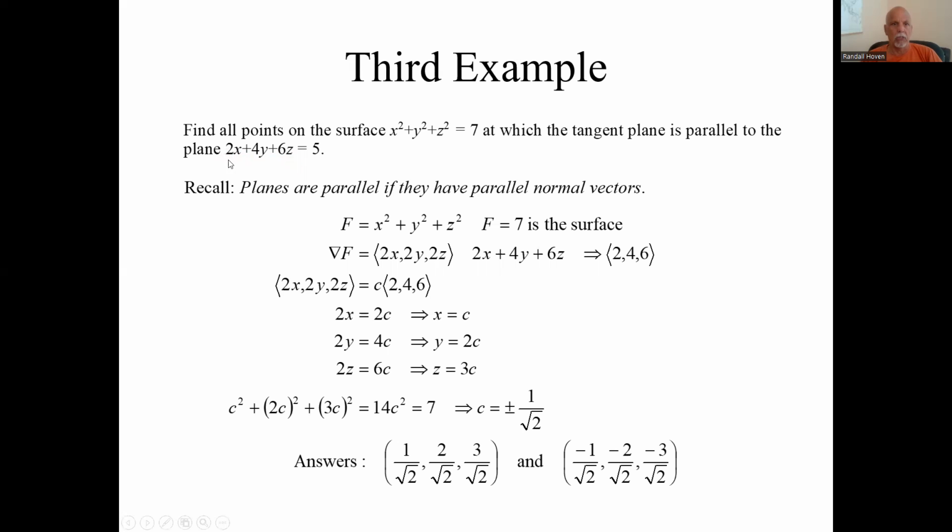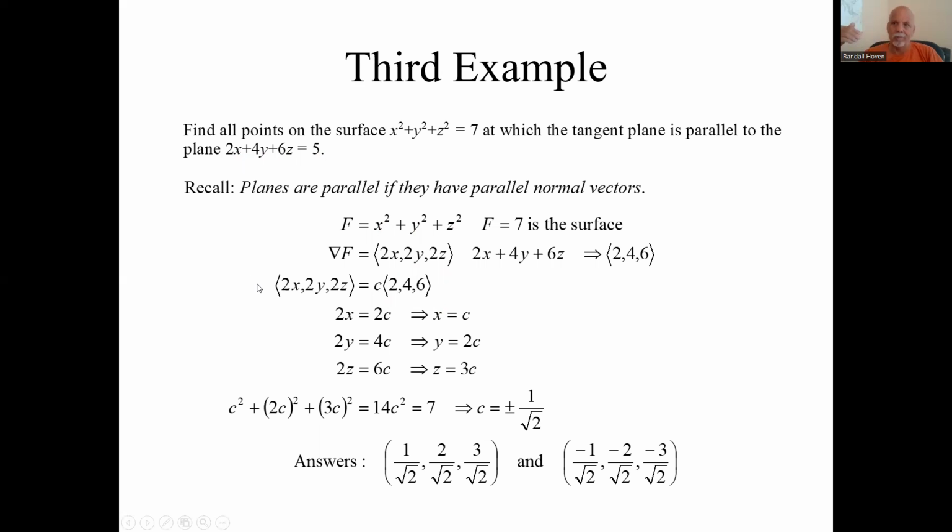This guy's normal vector is 2, 4, 6. For this guy's normal vector, you have to take the gradient. Gradient is going to be 2x, 2y, 2z. It's parallel to this guy's normal vector, a scalar multiple of 2, 4, 6.